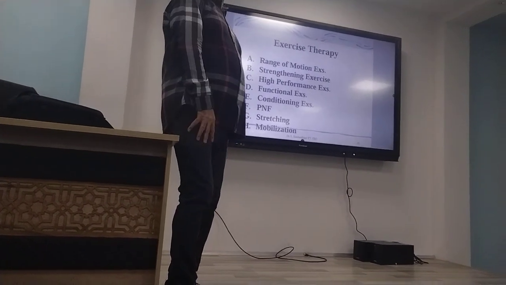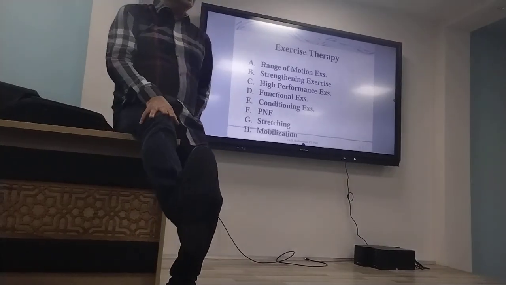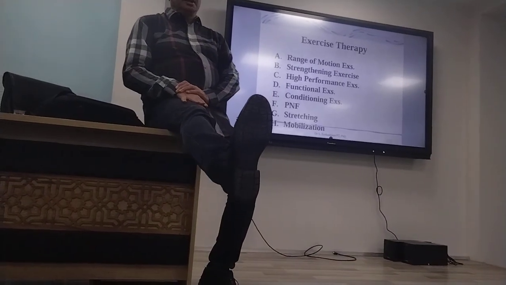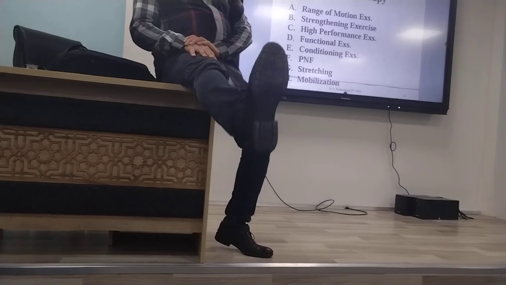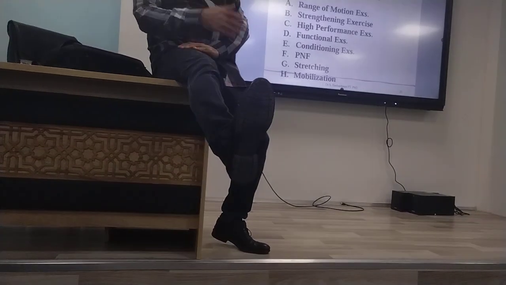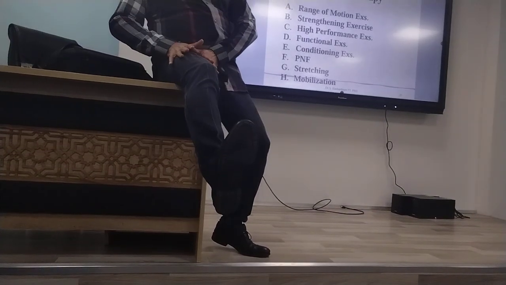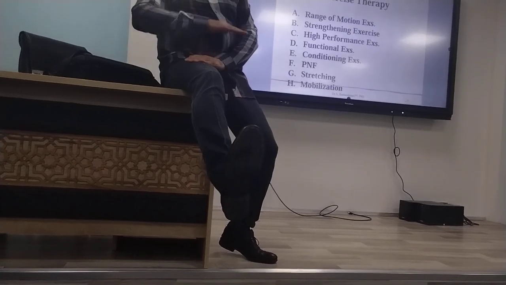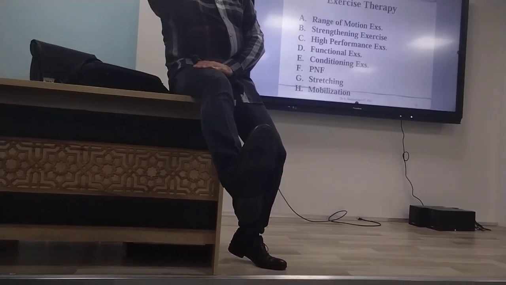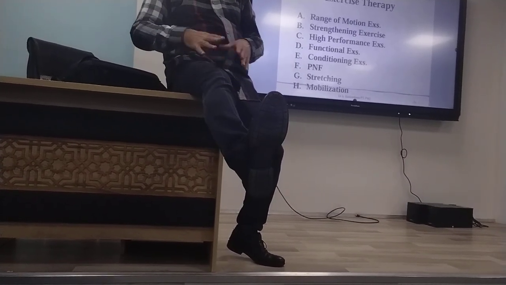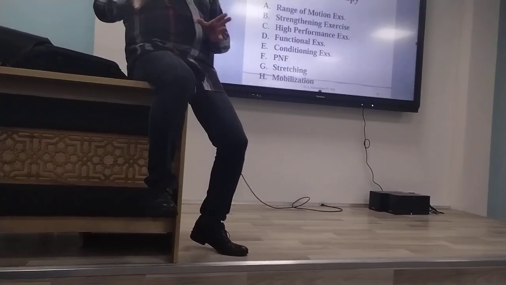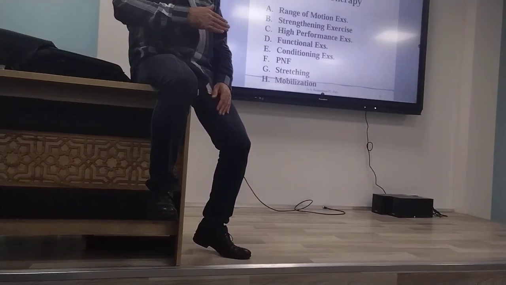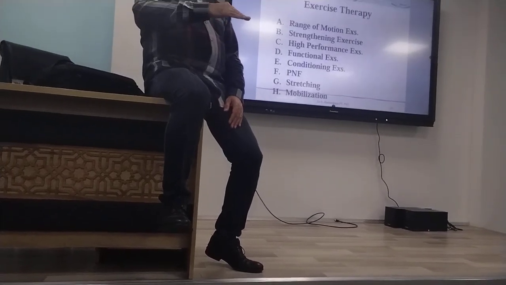If you are using isometric, ask the patient to provide a quad set. You know the meaning of quad set, isometric. Even 1,000 times, 100 times, how much does it increase the power of the muscle? Low, because the tension is not too much. When you compare it with concentric, the tension is a little higher.